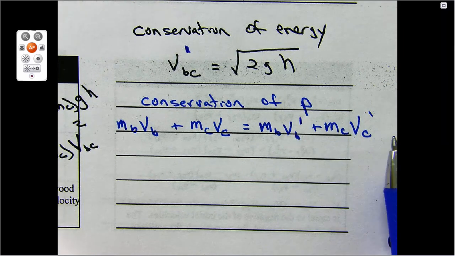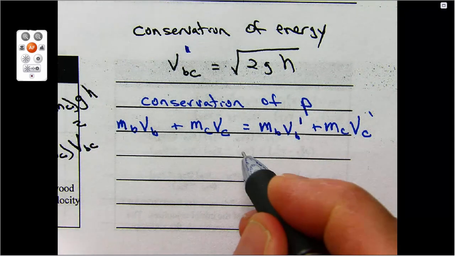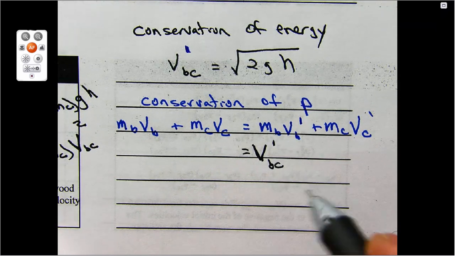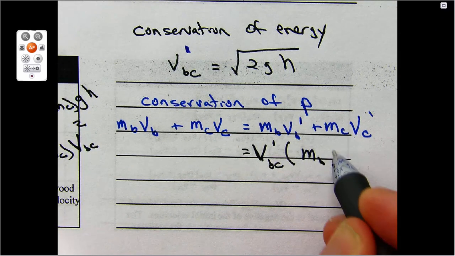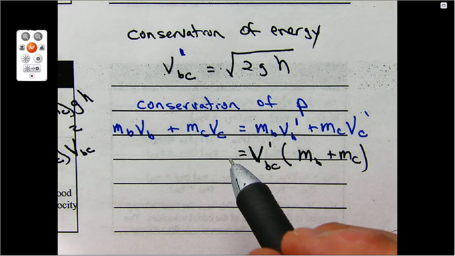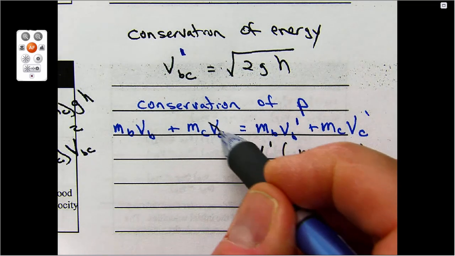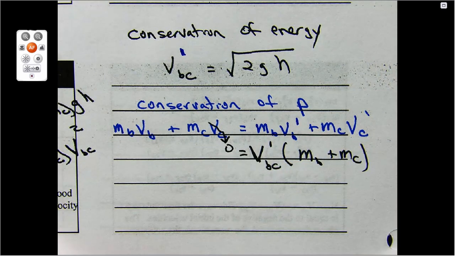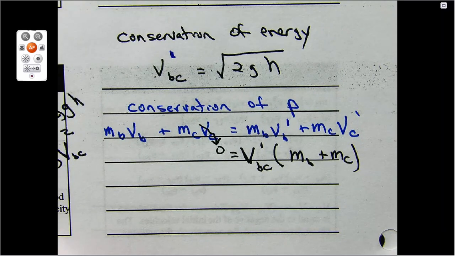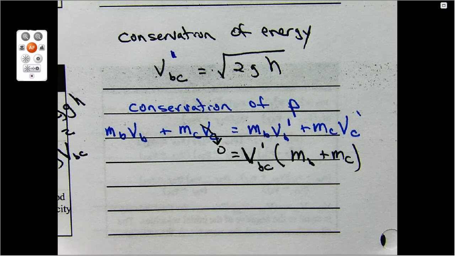These primes are exactly the same. So if we factor out, this is the ball catcher prime right here. The velocity of the catcher right here initially is 0. No, they're not going to change.